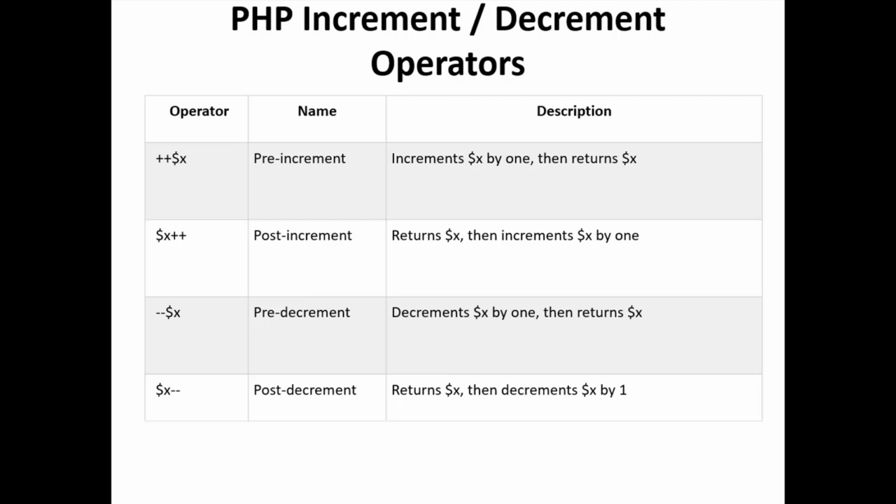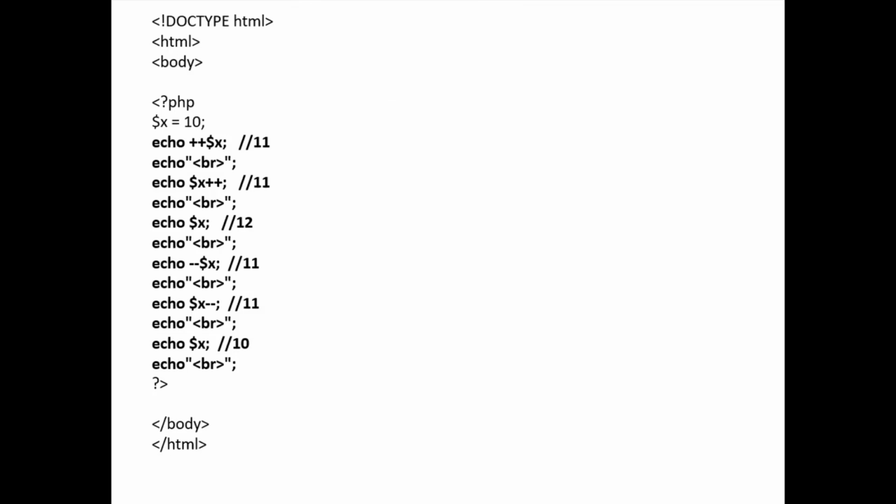Plenty of students get confused between pre-increment and post-increment. So make sure one increments the value and then prints, and the second prints and then increments the value. The same is for the pre-decrement and post-decrement as well, --$x and $x--. Pre-decrement decrements by 1 and returns $x, and post-decrement returns $x and then decrements by 1. This is the same program using the increment and decrement operators along with the outputs for your practice.